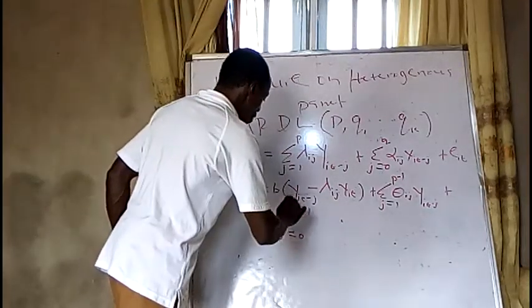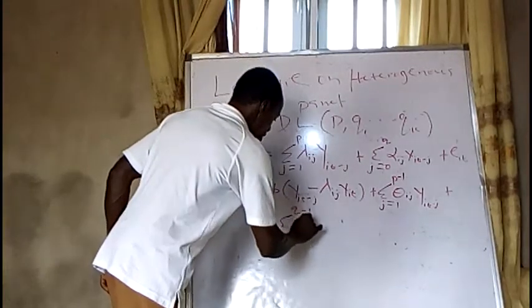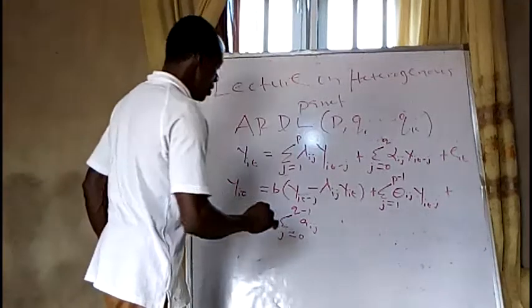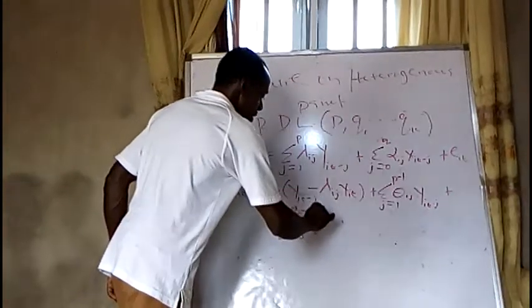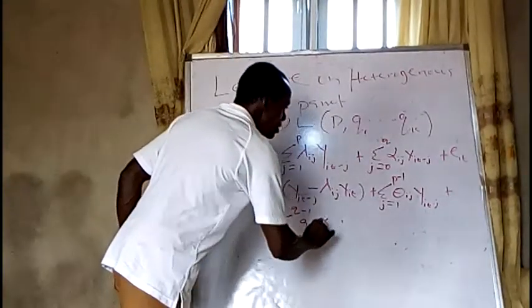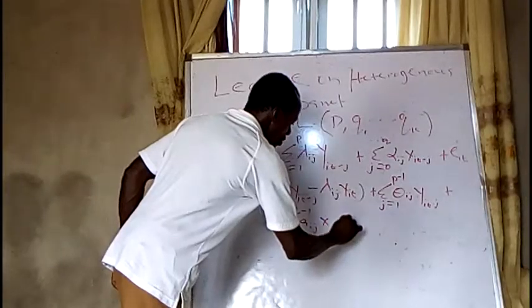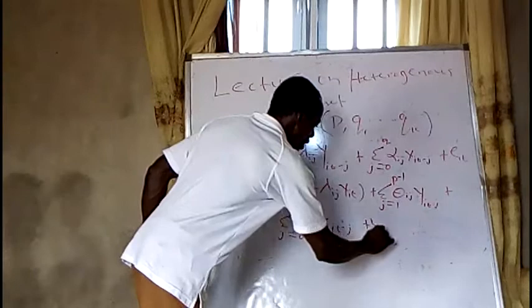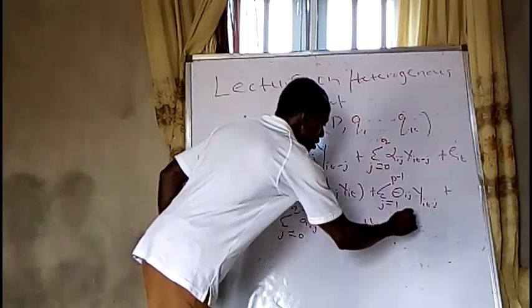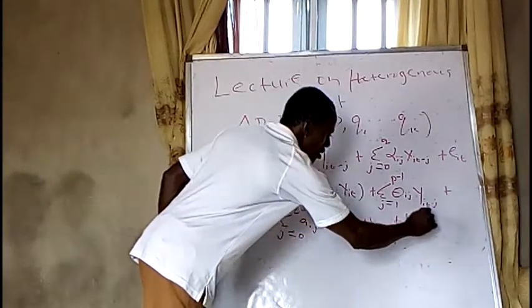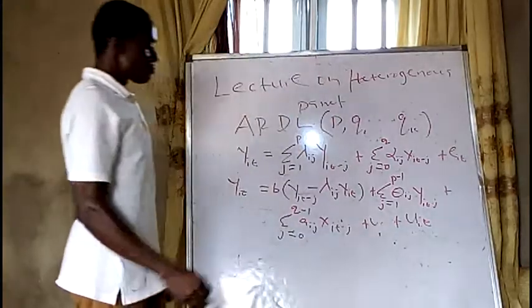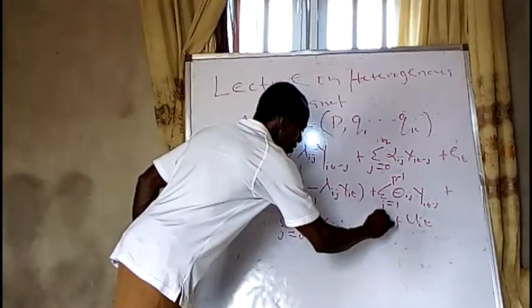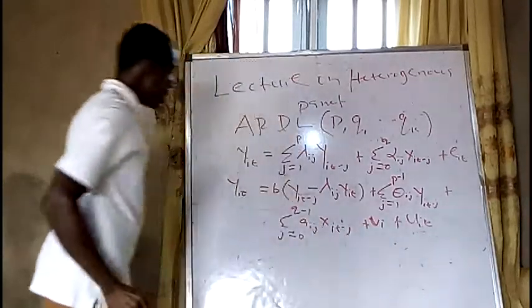Then we can now use a_ij as the coefficient of the explanatory variable x_i,t-j, plus mu_i plus u_it.